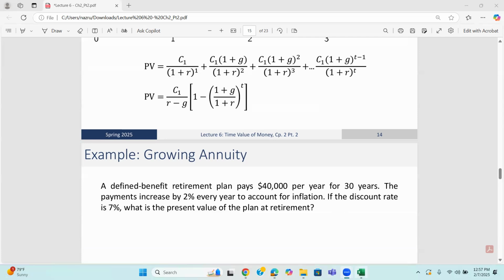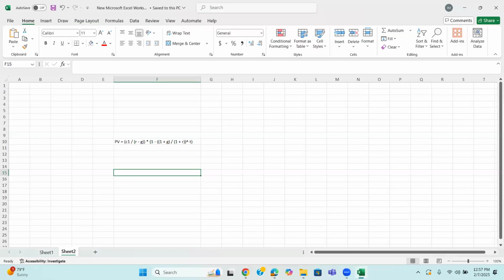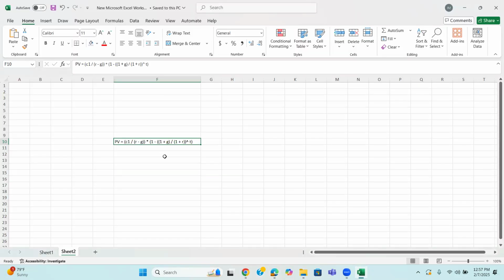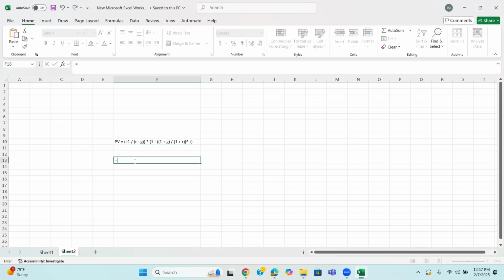So we can calculate it. If you want, you can use your calculator, you can use an Excel sheet. For your convenience, I have just written the exact same formula here, just for clarification, just for the easiness. So we can just plug the values here to get the present value. What is our C1?